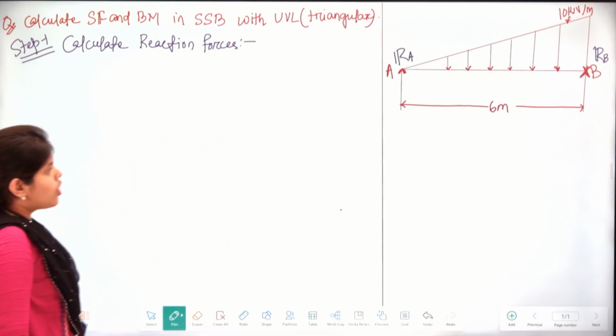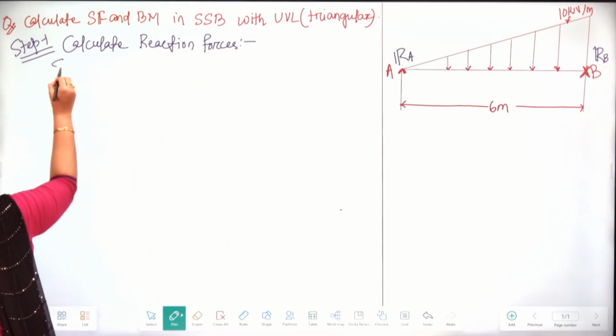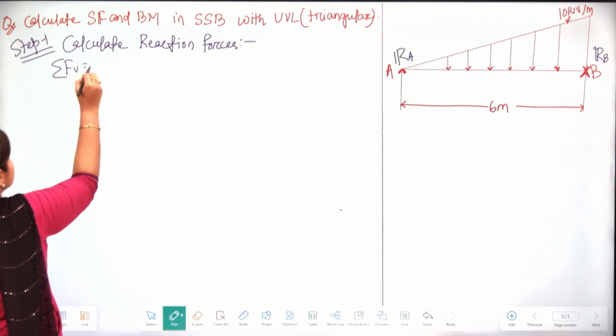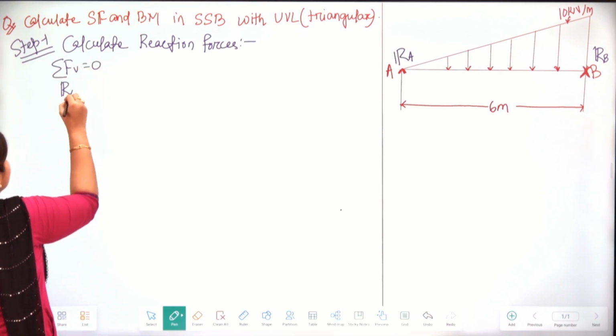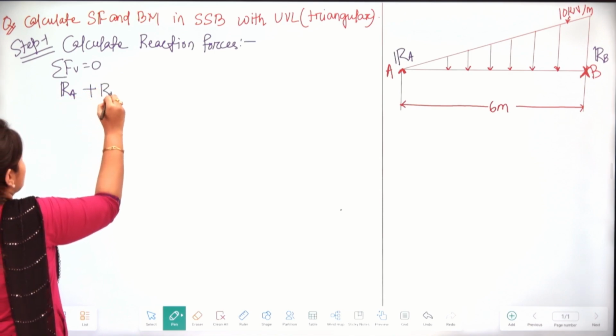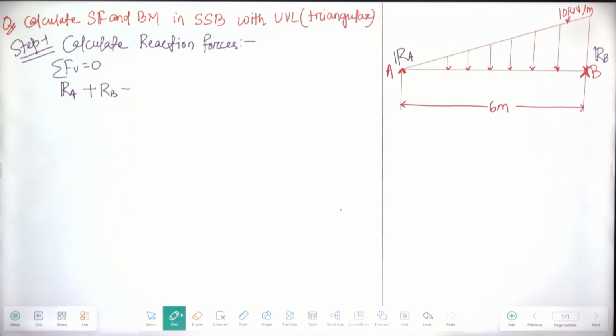So, how to calculate? We know that the summation of all vertical forces is equal to 0. So here we will have RA plus RB minus the load.